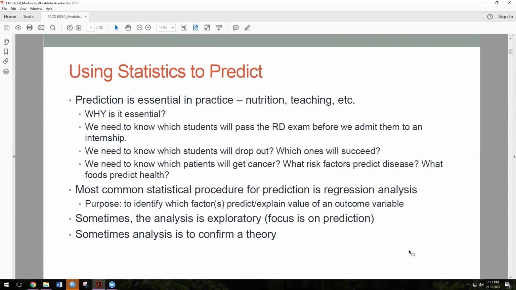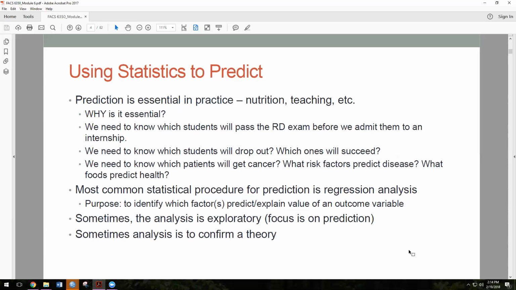And so this is one of the easiest examples for me to use: when you're applying to an internship, a dietetic internship, you have to put in your science GPA, your DPD GPA, your overall GPA, your GRE scores. You have to have recommendation letters. You have to have a personal statement, all of these different pieces.